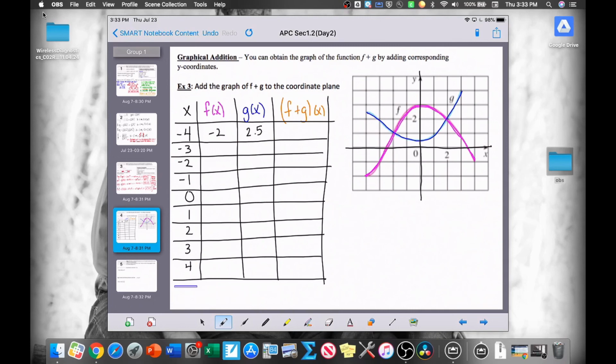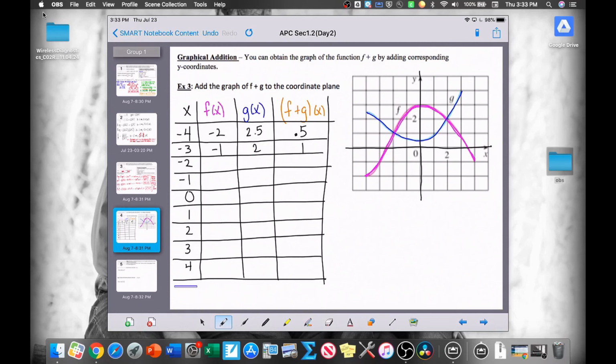So if I were to add those together, I'd be at 0.5, right? Then when x is -3, it looks like my pink curve has a y value of -1, and my blue curve has a y value of +2. Adding those together, you get +1.